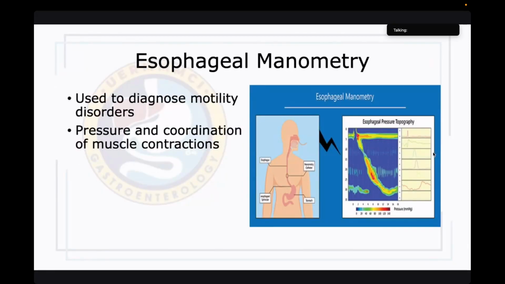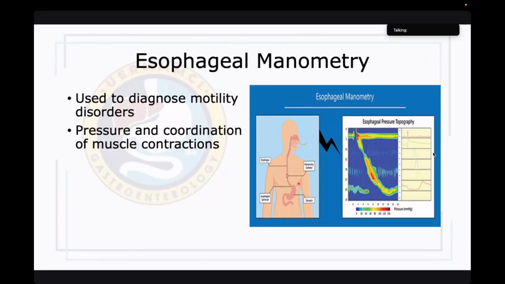If you want to check the motor function or the motility of the esophagus, like in conditions such as achalasia or diffuse esophageal spasm, both of which I will discuss later, then the gold standard would be esophageal manometry. This is a diagnostic test that measures the pressure and the coordination of muscle contractions in the esophagus during swallowing. So during this procedure, a thin pressure-sensitive catheter is passed through the nose and down to the throat and down to the stomach, and this catheter contains multiple pressure sensors along its length.